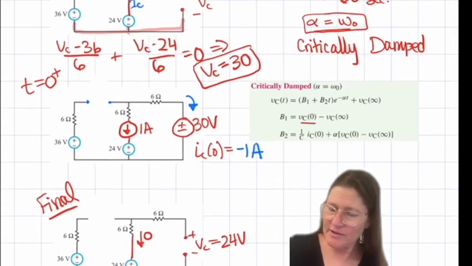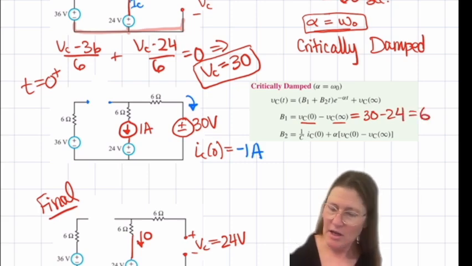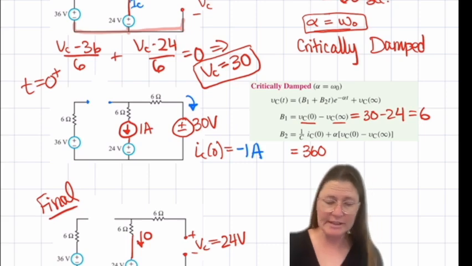So VC of 0 and VC of infinity: VC of 0 is 30, and then the infinity was 24, so that will be 6. And then B2 is 1 over C, which was 1 over 360.